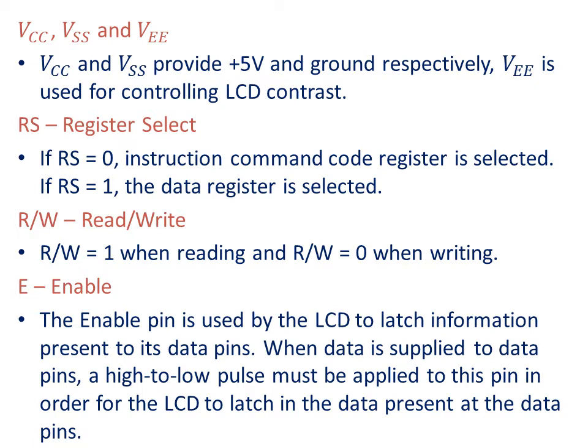If RS is equal to 0, the instruction command code register is selected, and if RS is equal to 1, the data register is selected. And the next pin is R/W, that is read or write. R/W is equal to 1 when reading, and this pin is equal to 0 when we perform the writing operation. And the next pin is E, that is enable.